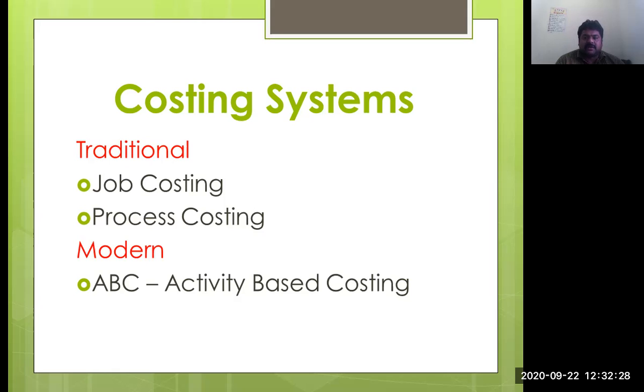So cost calculations, normal loss, abnormal loss, and other controlling techniques are applied in a stage by stage manner, so that inefficiency of one stage is not transferred to the other stage. Normal cost is always transferred to the other stage, and that type of costing system we refer to as process costing.